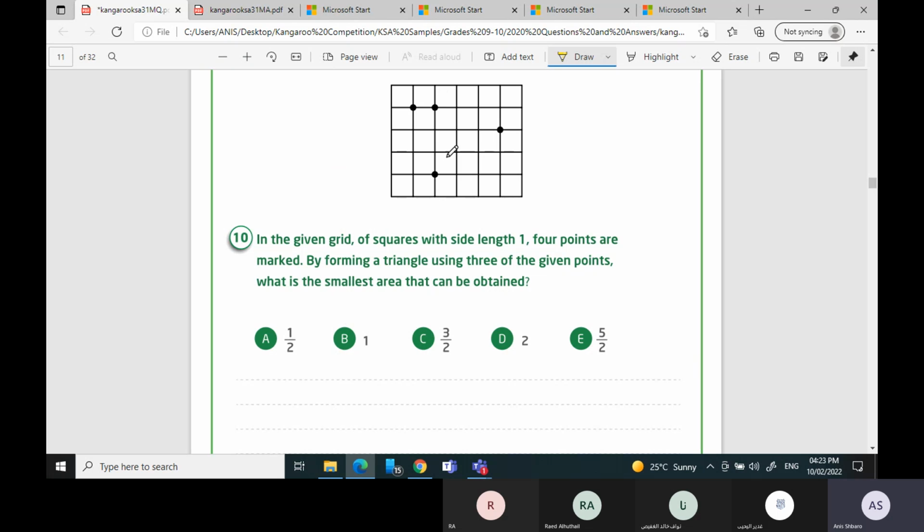We're going to join 3 points to get, of course, a triangle, 3 vertices. And then we're going to see the smallest area. So I get, for example, these 3 points to form a triangle, and I'm going to get an area. I got these 3 points to get also an area, etc. And these 3.